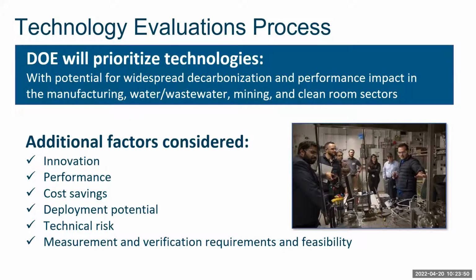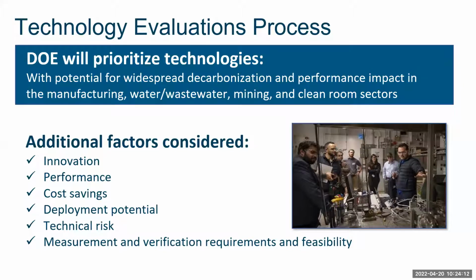In terms of the RFP evaluation process, the biggest thing we're looking for are emerging technologies that can be replicated and will have the potential to save a lot of energy and reduce a lot of carbon throughout the United States.